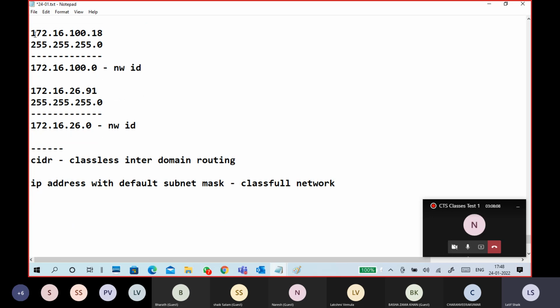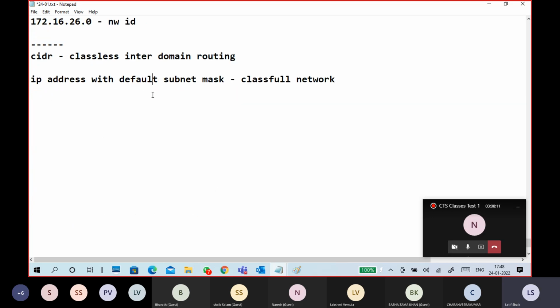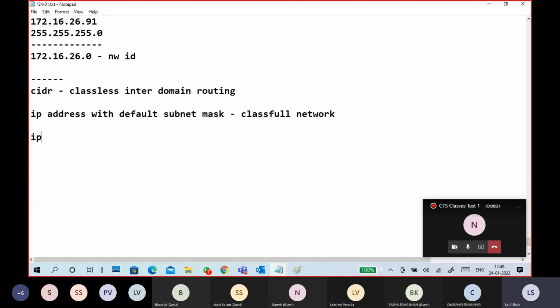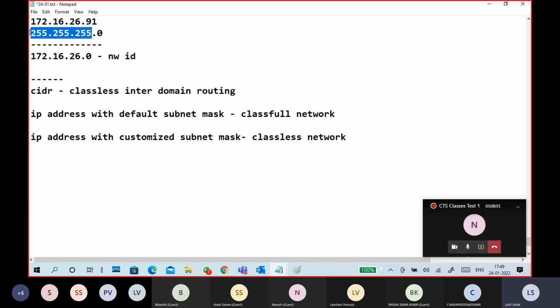Next, what is classless? If you don't use the default subnet mask, and use some customized subnet mask, a different subnet mask, that is called classless. An IP address with a customized subnet mask is called a classless network. A classful network is an IP address with the default subnet mask, and classless is an IP address with a customized subnet mask, meaning some calculated, different subnet mask.